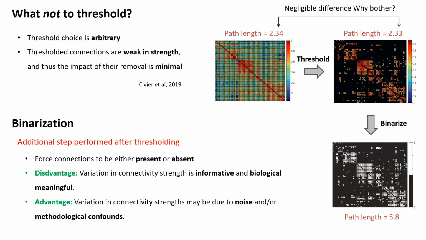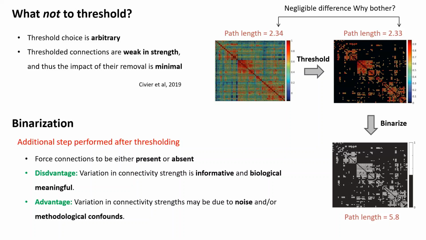And the advantage of binarisation is that we know that connectivity strength or variation in connectivity strength can potentially be due to confounds and the biases that Rob and Shella have already pointed out. And so by binarising the connectome, we can overcome to a certain extent those biases.